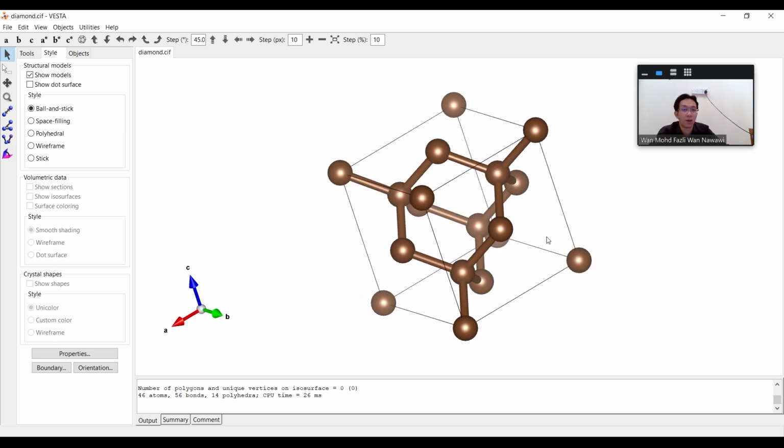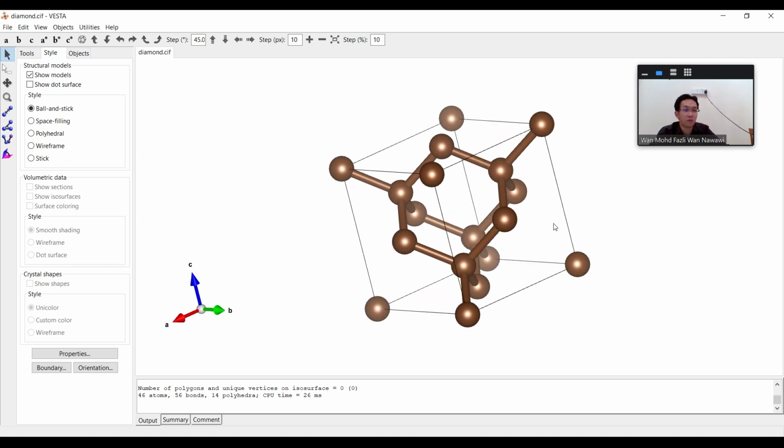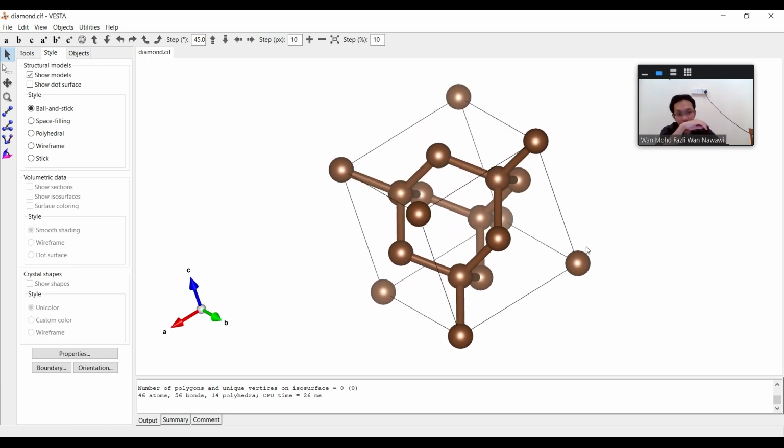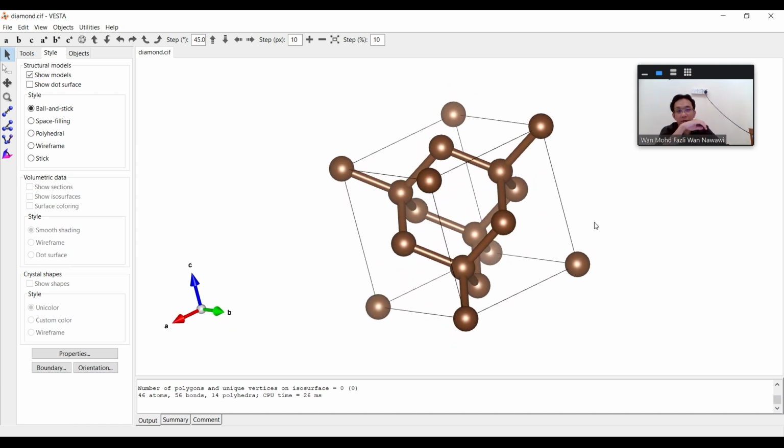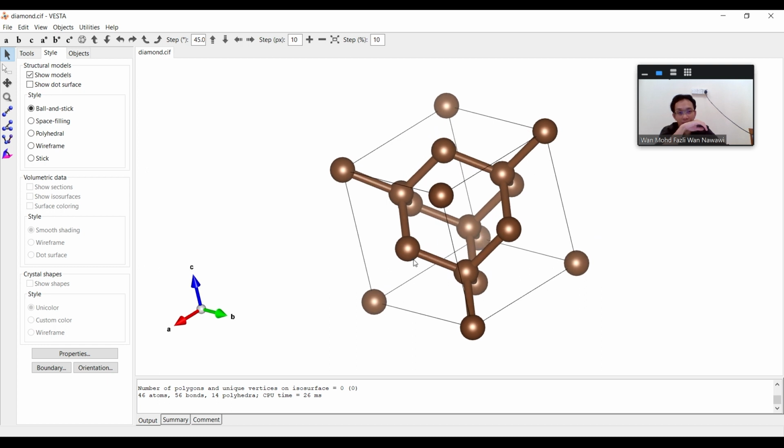So what is diamond? If you look closely, this diamond is made up of FCC. You can see there are atoms on the corners here. Let me show you this atom. I don't know how to select it.